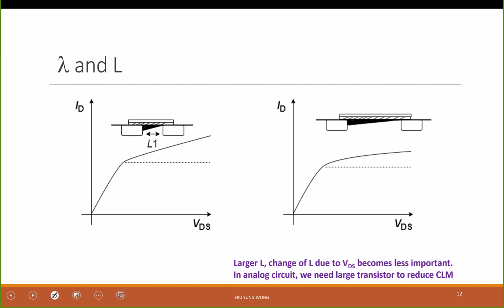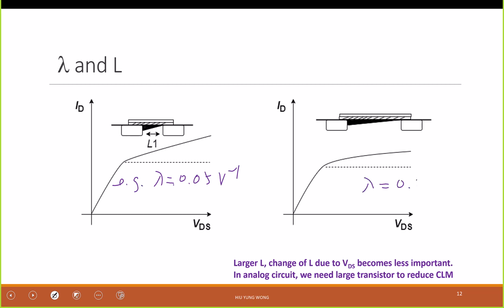So for example, this one can be lambda equal to 0.05, and this one can be lambda equal to 0.01 when it is longer. Why is that? Lambda is talking about the channel length modulation, how much shorter it is when you increase the VDS.